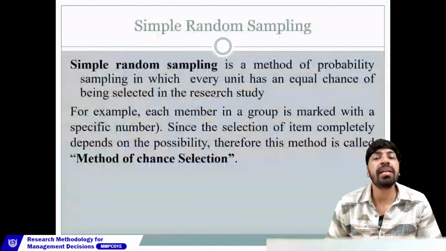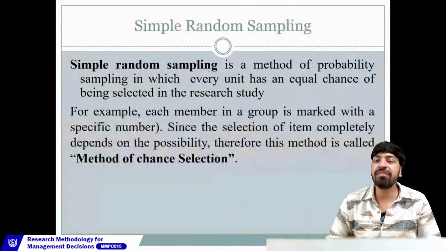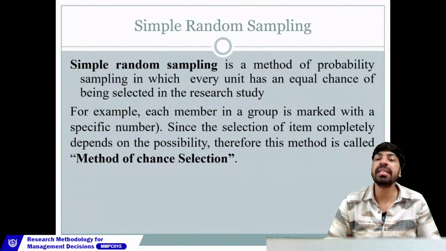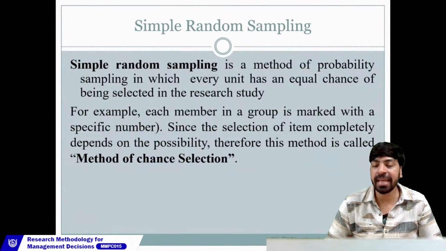For example, each member in the group is marked with a specific number, since the selection of an item completely depends on the possibility. And this method is called the method of chance selection.